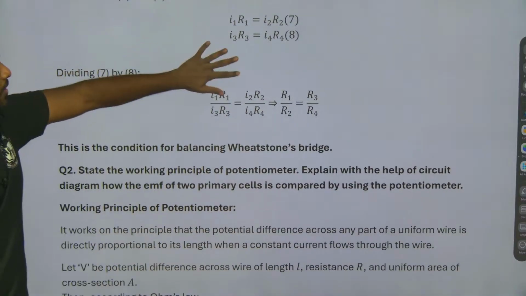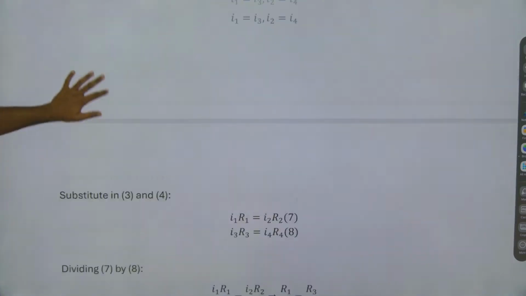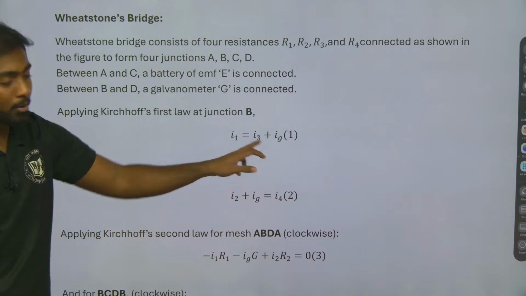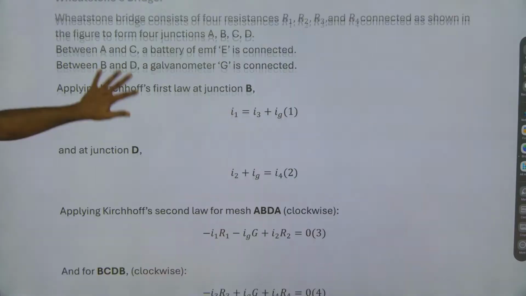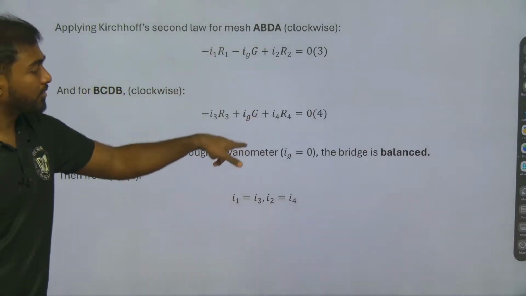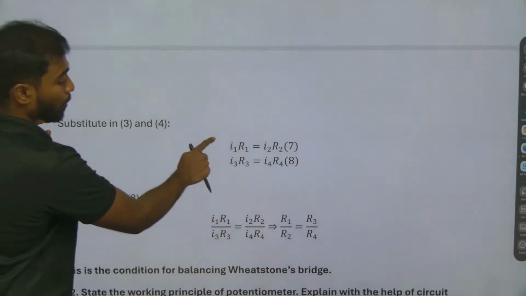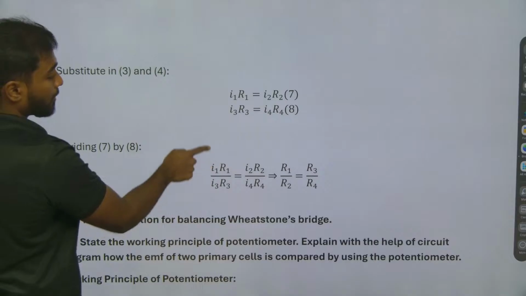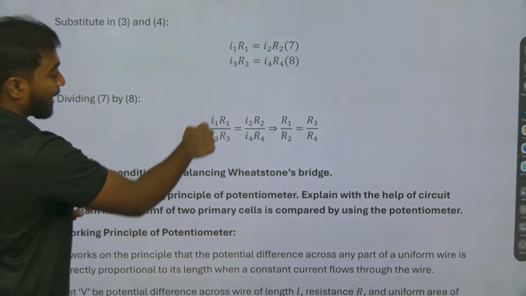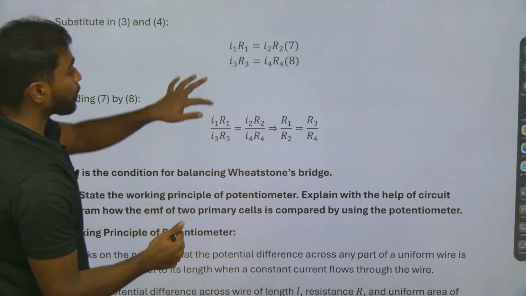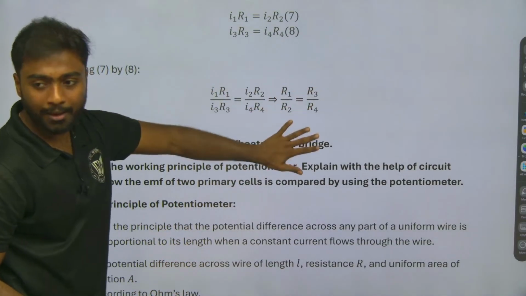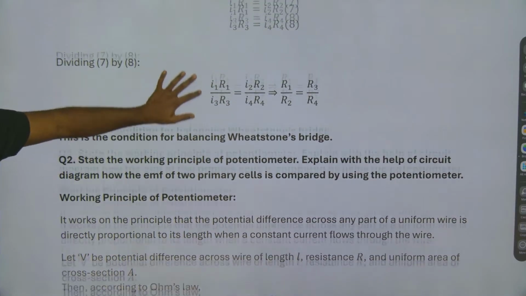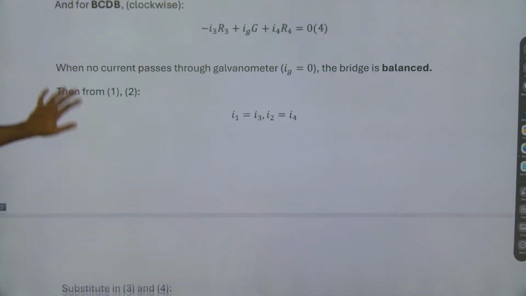When I divide these two equations, since I1 and I3 are equal I can cancel them out, and since I2 and I4 are equal I can cancel them out. The remaining will be R1 by R2 equals R3 by R4. So now the bridge is balanced. This is the condition for balancing the Wheatstone bridge. You can take a note of this.